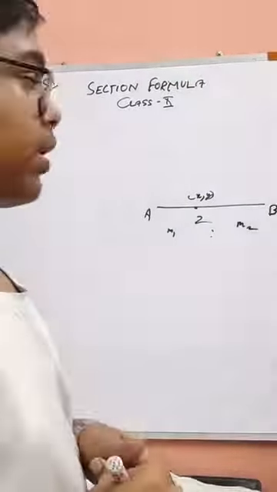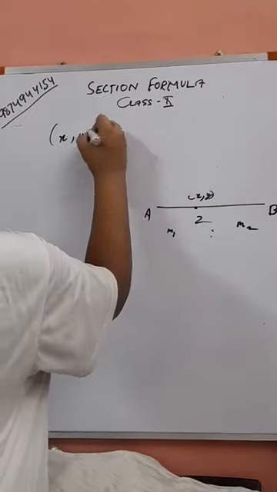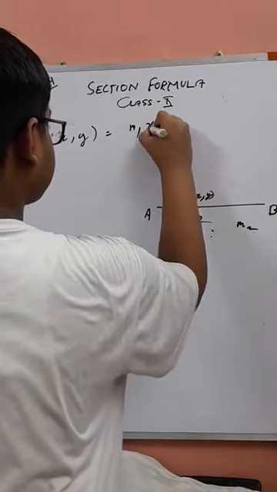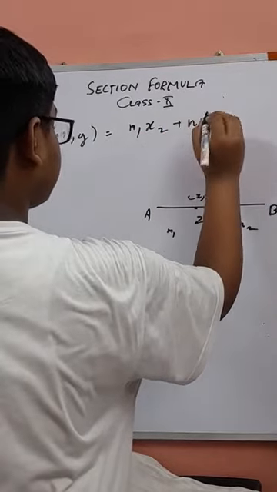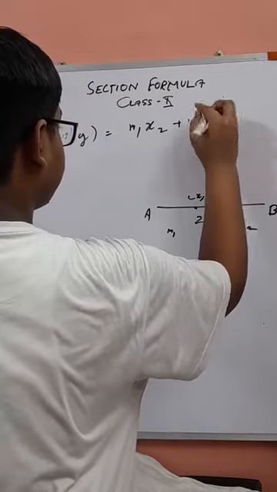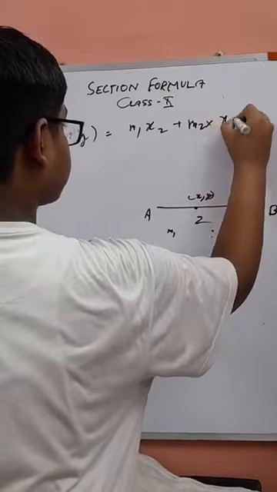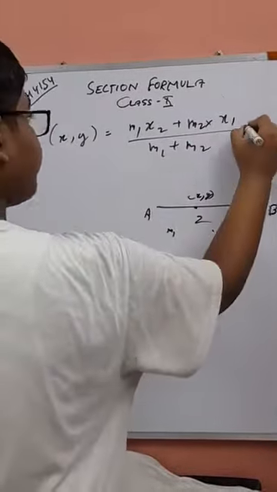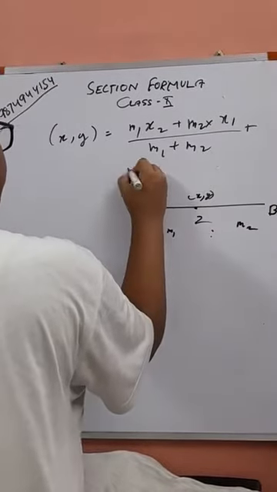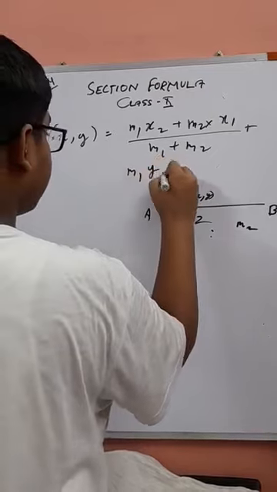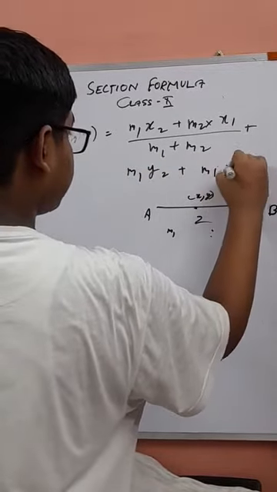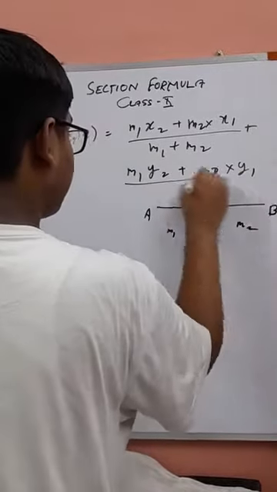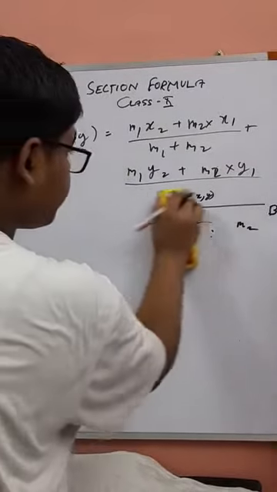This will be found by the formula, x comma y is equal to (m1 into x2 plus m2 into x1) by (m1 plus m2), and (m1 into y2 plus m2 into y1) by (m1 plus m2).